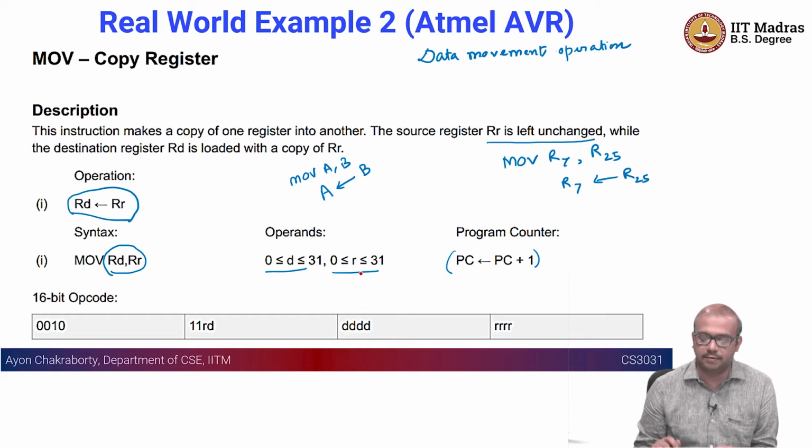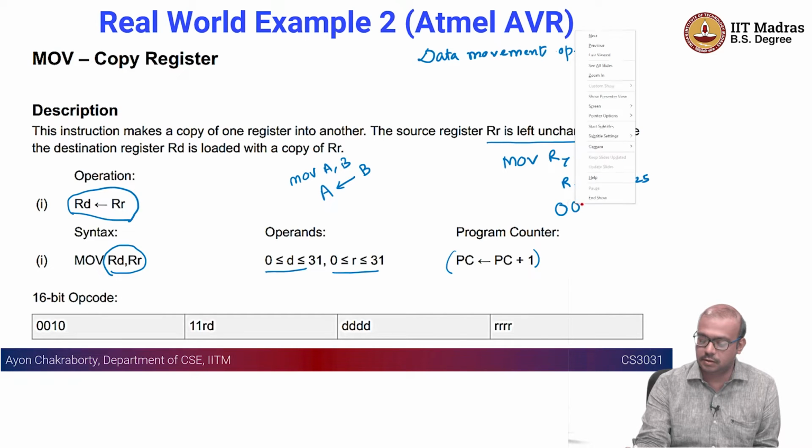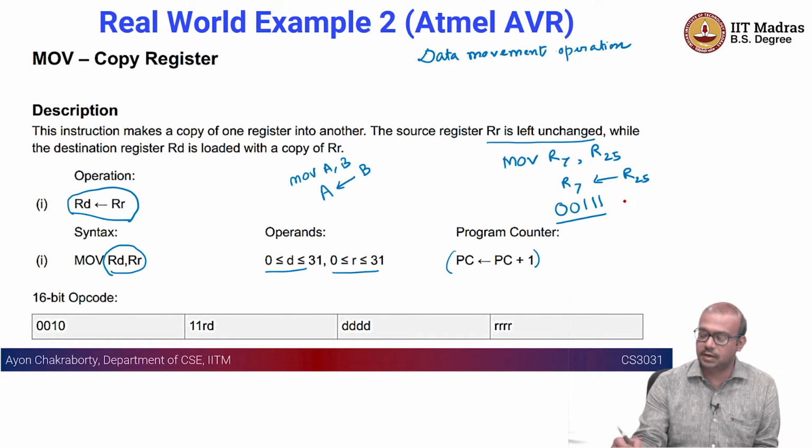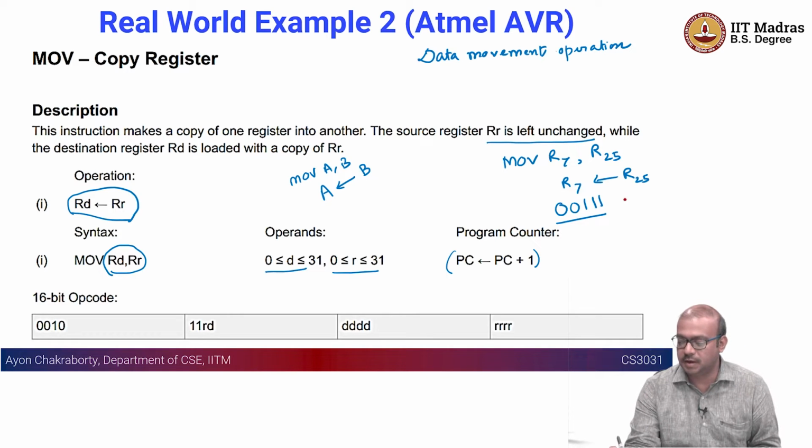In this case we have enough room. Okay, so R7 in 5 bits will be 00111, right? So 5 bits, this is 7, and 25 is 16 plus 9, so 1001 is 9 and 16, right?